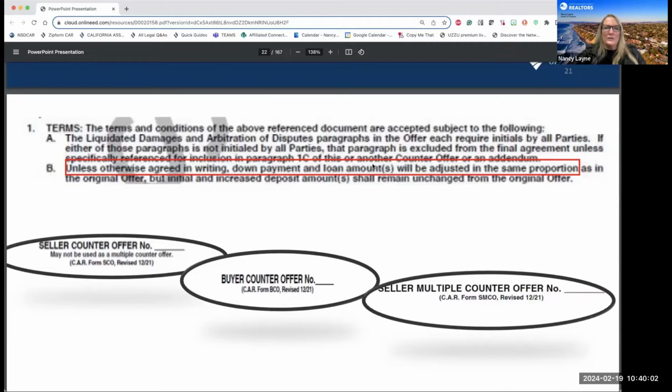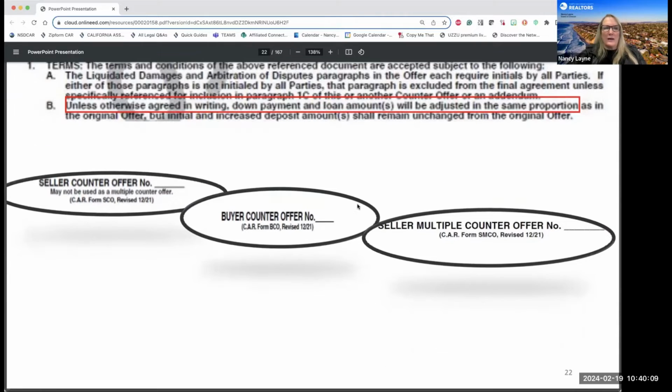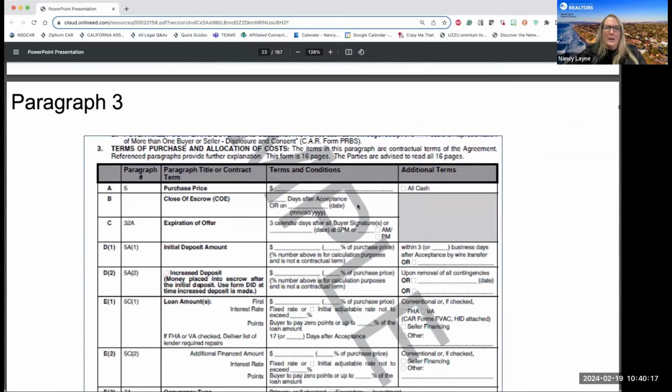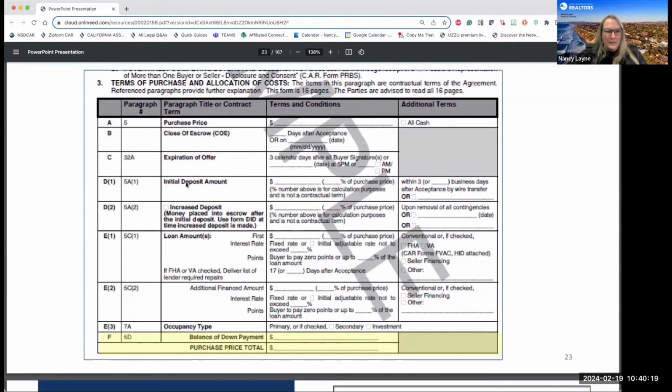If you want to increase the deposit, that second section would require you to use a form that would clarify it as the additional deposit for liquidated damages. The initial deposit amount is generally the $5,000 you put into open escrow.